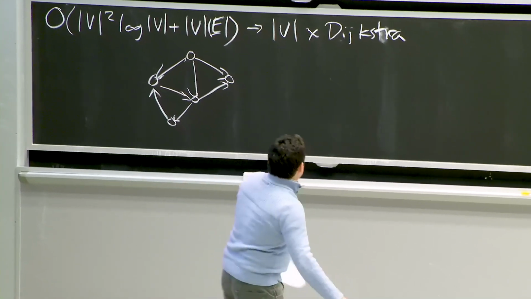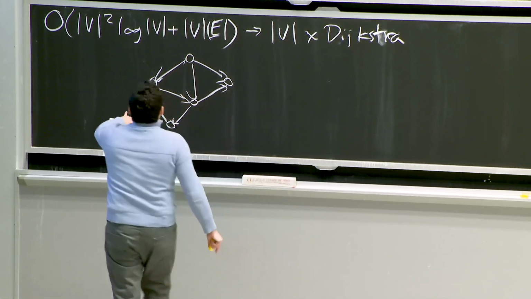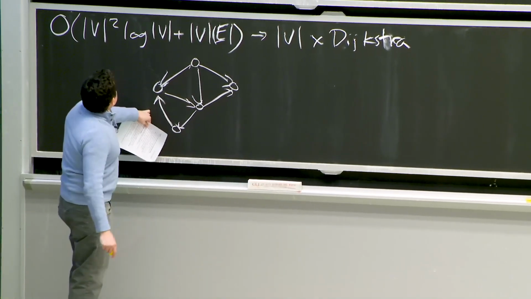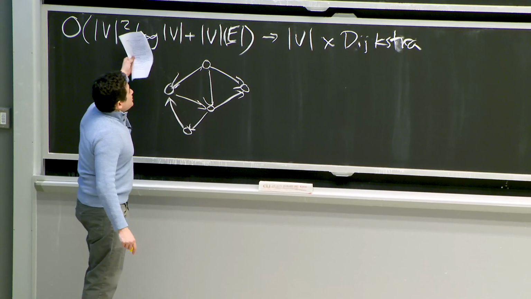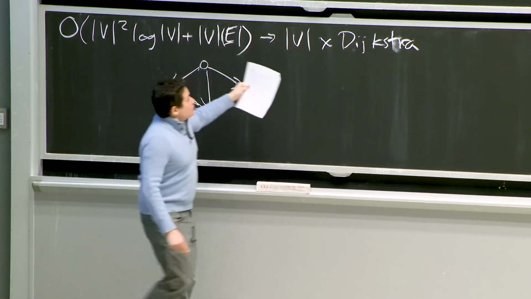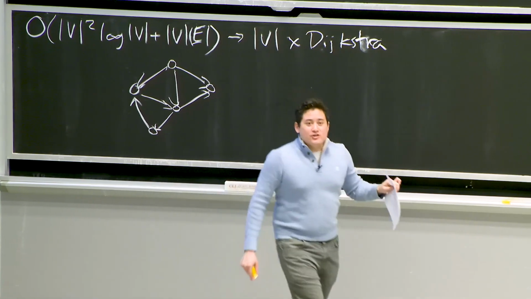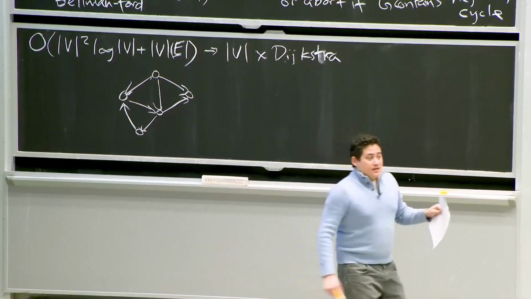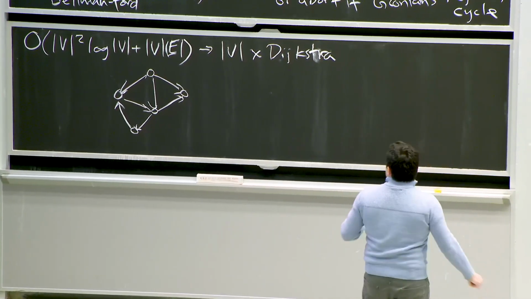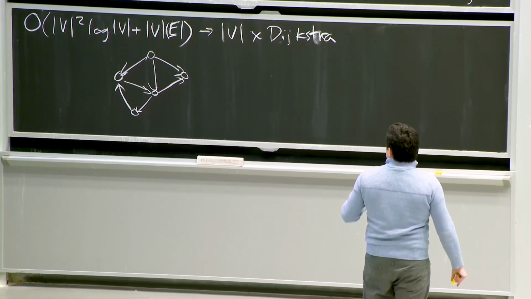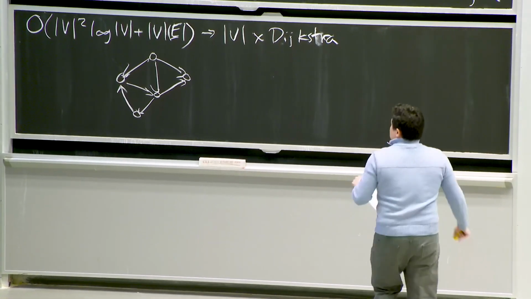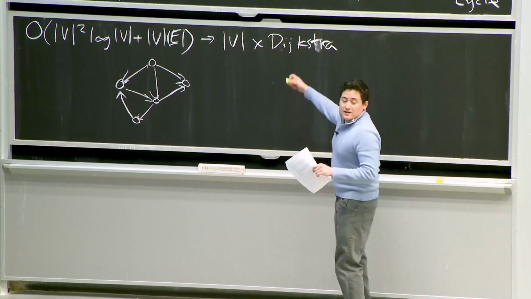Yeah, it's because if I had an undirected graph, I could detect whether it had negative weight cycles in linear time.